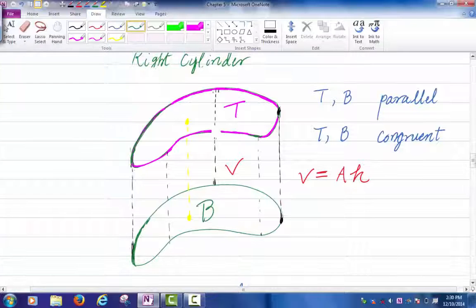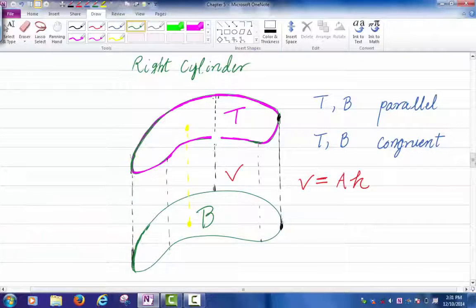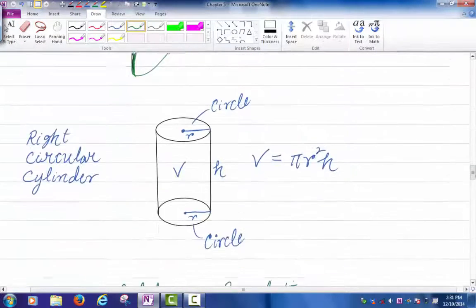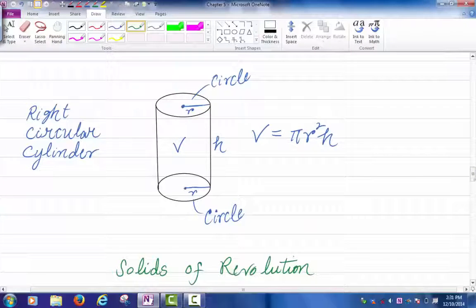Usually what you deal with is a right circular cylinder. What is a right circular cylinder? Well, a right circular cylinder is a special type of right cylinder, in which the top is a circle and the bottom is a circle. Everybody's okay?